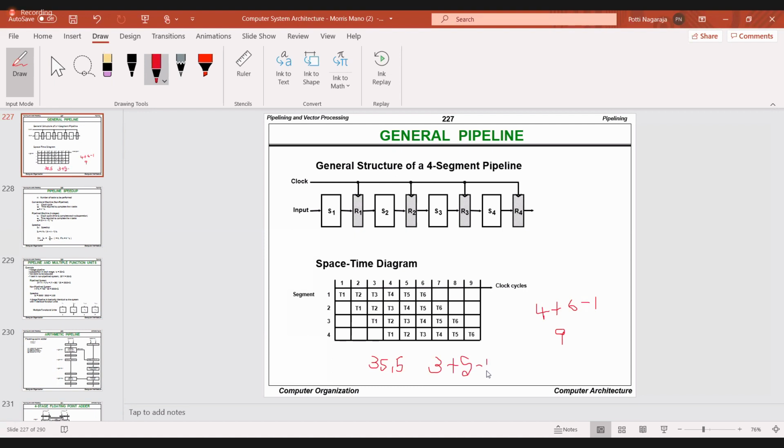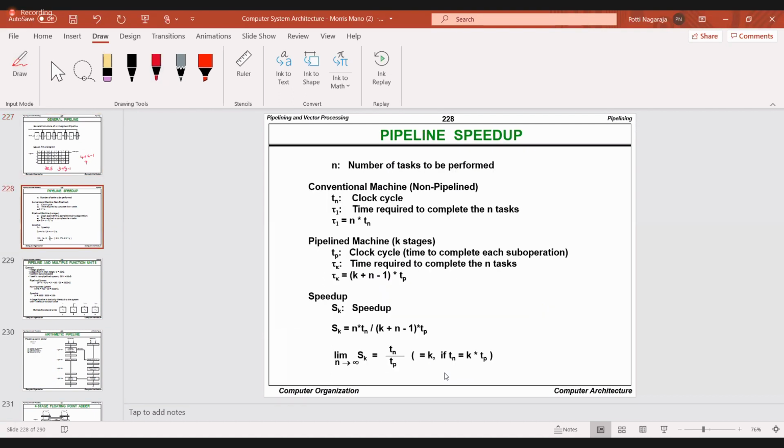So 8 minus 1 is 7 clock cycles. If you want, check it by drawing another diagram with only 5 tasks. So 3 plus 5 minus 1 is 7. Try to go through that.